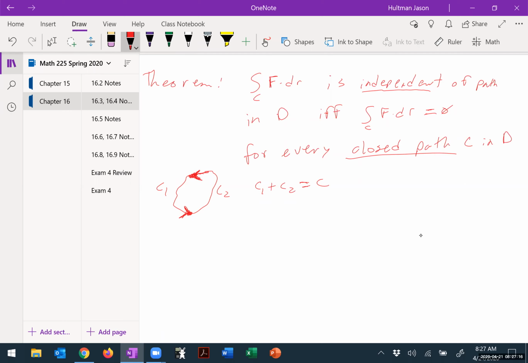Well, the way that we write that is the integral of path C1 of f dot dr minus the integral of path C2 of f dot dr is equal to 0, thus implying that the integral of C1 f dot dr is equal to the integral of C2 f dot dr.